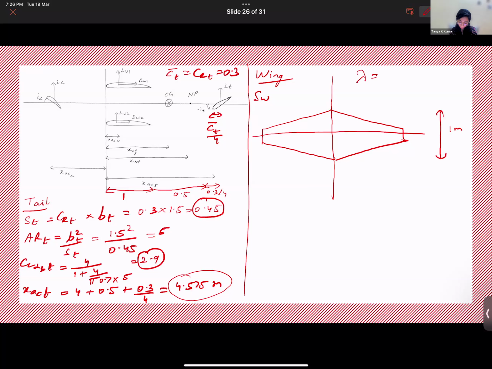Taper ratio is 0.5. So taper ratio, what was the formula? What is the formula for taper ratio? Lambda equal to, what is lambda equal to?